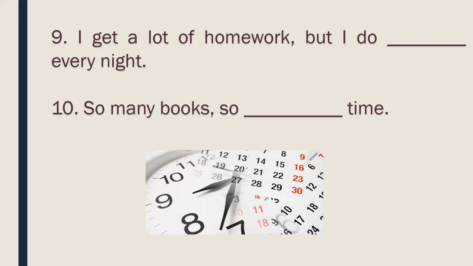Okay, so I can say in the negative, I don't have any homework today. But here, it's not a question and it's not negative. It's affirmative. So how can I complete affirmative sentences when the noun is uncountable?